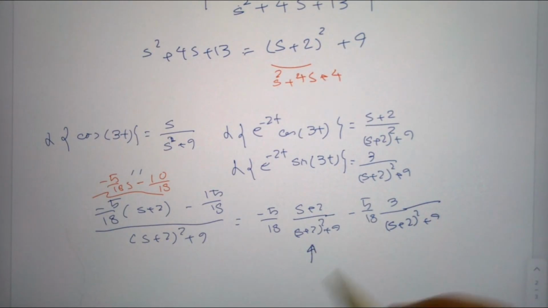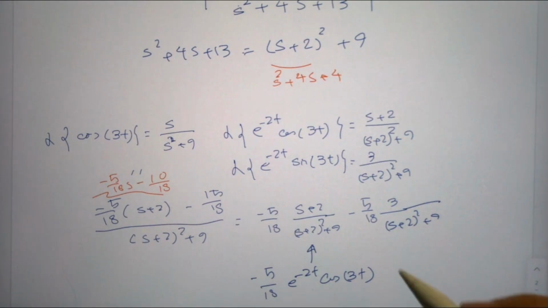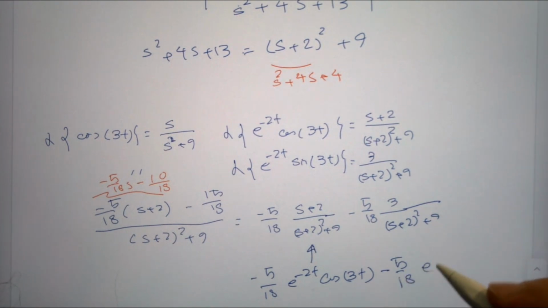And this one is e to the power minus 2t cosine of 3t times that coefficient, the Laplace inverse of that one. And the other one is negative 5/18 times e to the power minus 2t sine of 3t.